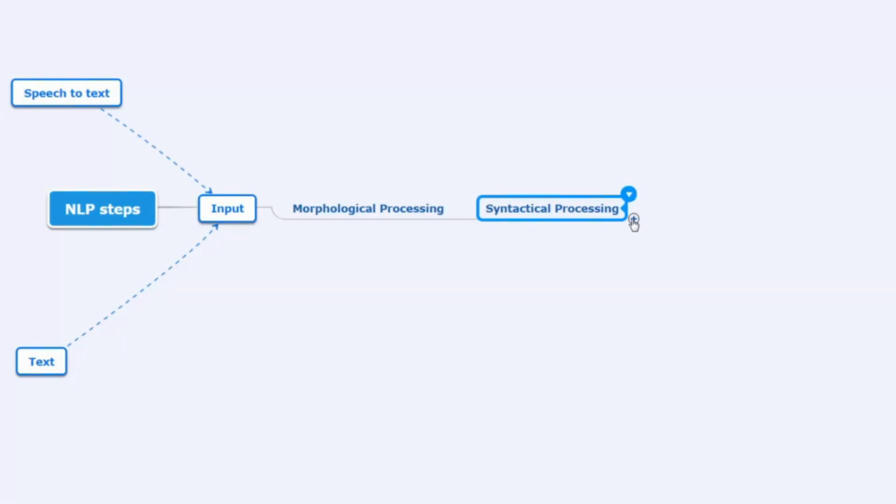The next step in order is called the semantic processing. Now, this is where we associate meaning to words and sentences. This stage is a highly complex subtask and has many approaches and is mostly domain specific.